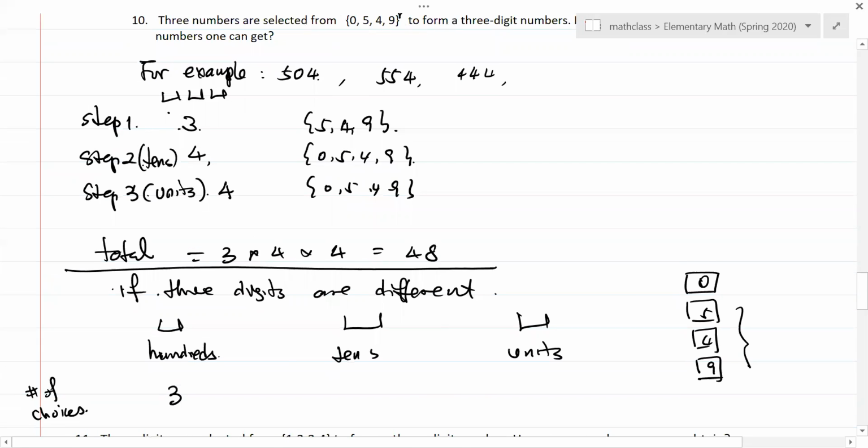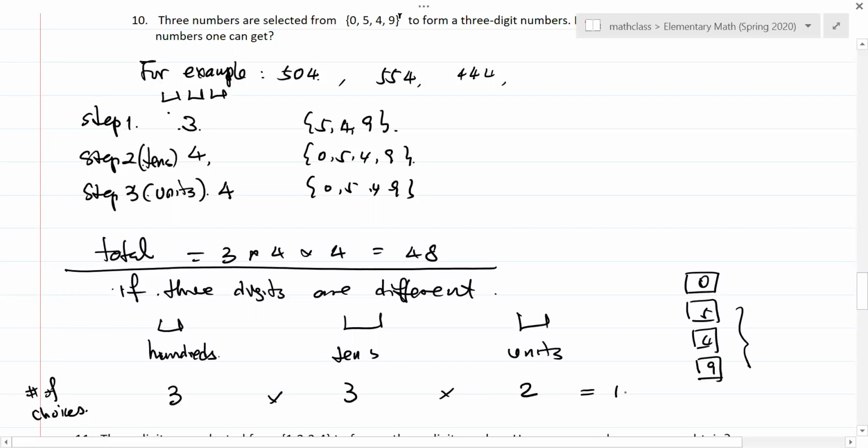But for the tens digit, one of them is already gone, so 3 cards are left, so you have 3 choices. Then 2 cards are gone, 2 cards left, so for the units digit you only have 2 cards to choose from. So the answer will be 3 times 3 times 2.